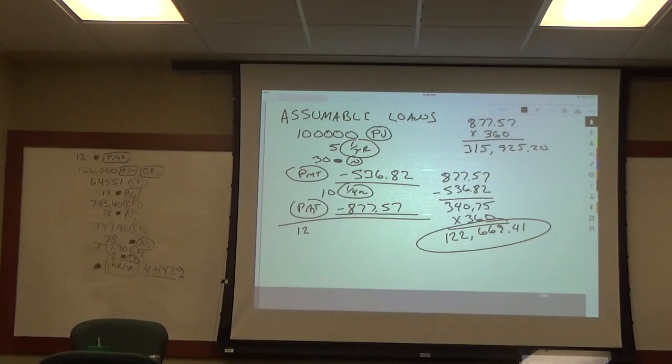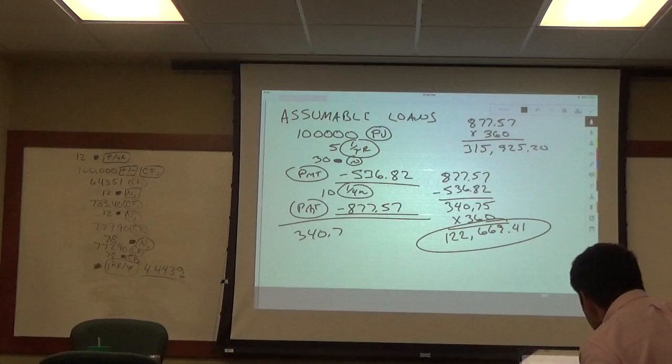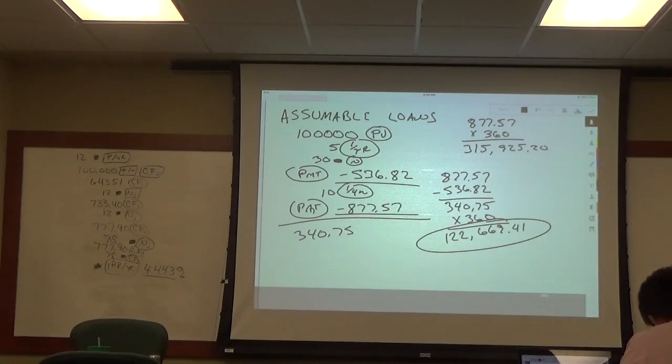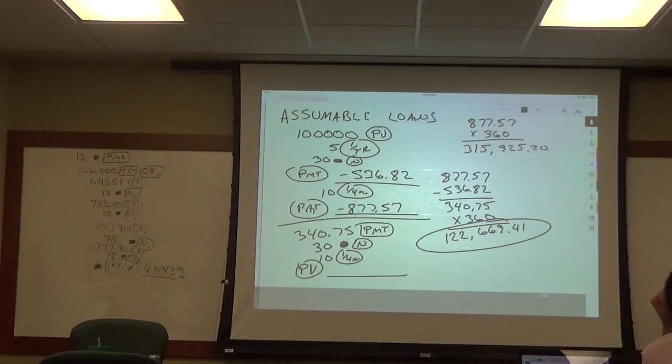But on the extreme side, we could do this several different ways. Let's just take the difference of the $340.75, and we put that in as a payment amount, over 30 years, and we discount that at 10% to find out what the present value of that is.